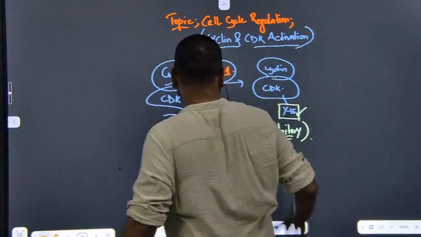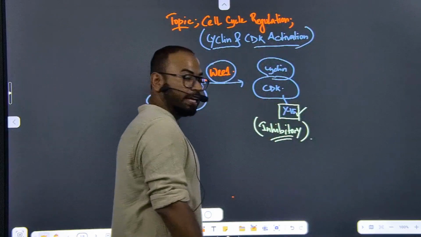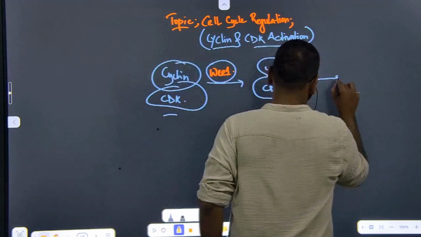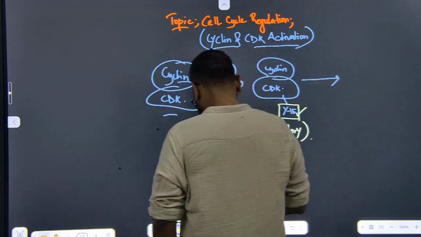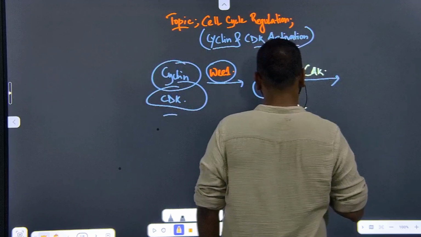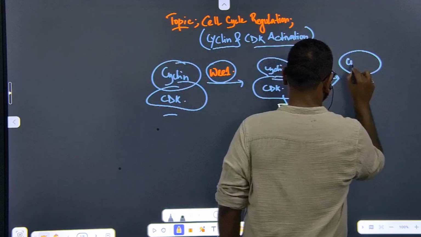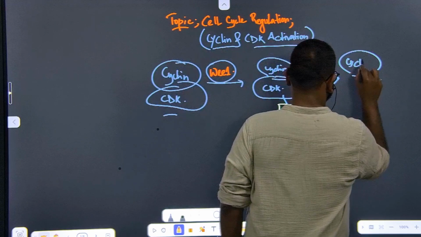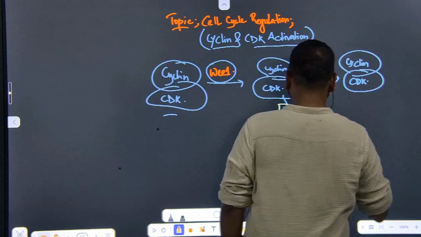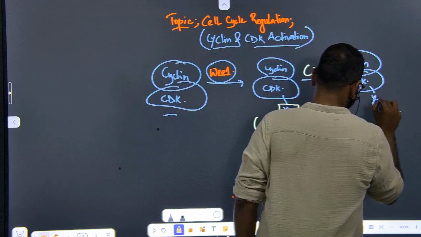Here we have our cyclin and CDK that is phosphorylated at tyrosine 15, which is an inhibitory approach. From this, another regulatory protein, CAK, comes into action. What CAK does, we have our cyclin, we have our CDK, as it is phosphorylated at tyrosine 15.